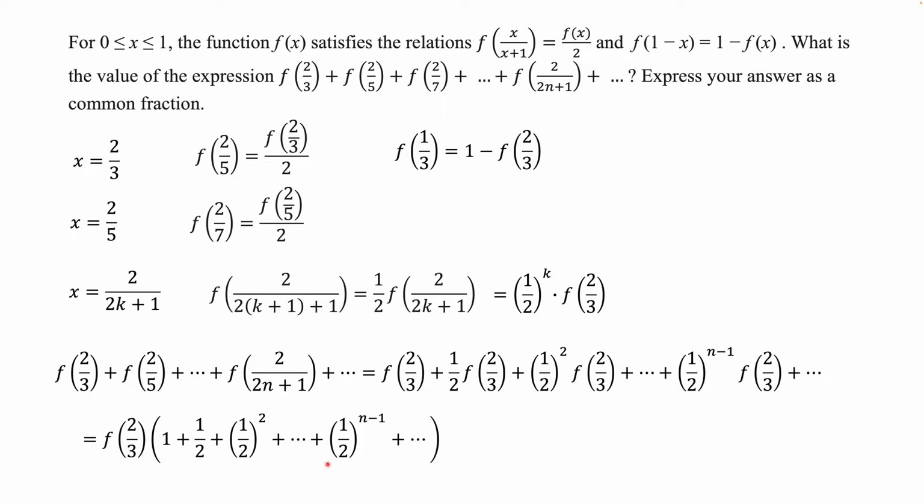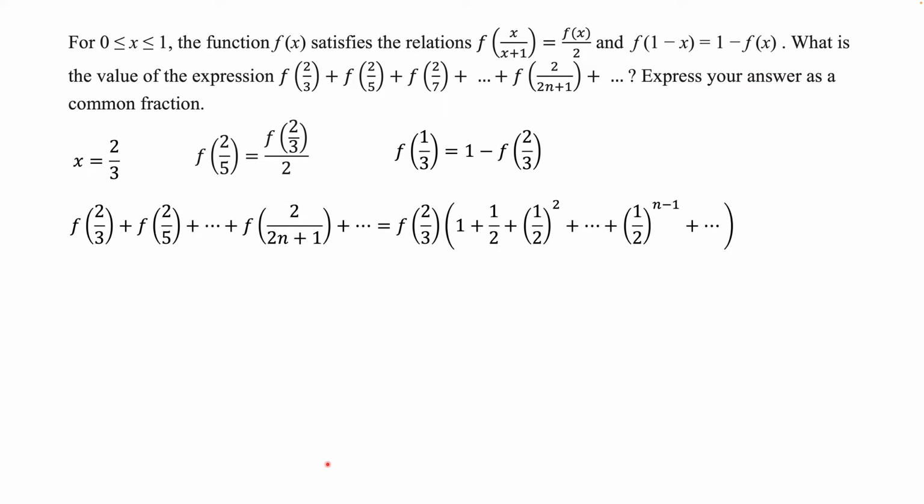Now let's take care of this. This is the kind of thing we probably should know how to do. This is a sum of infinite terms of a geometric sequence, and we can use the formula for it.